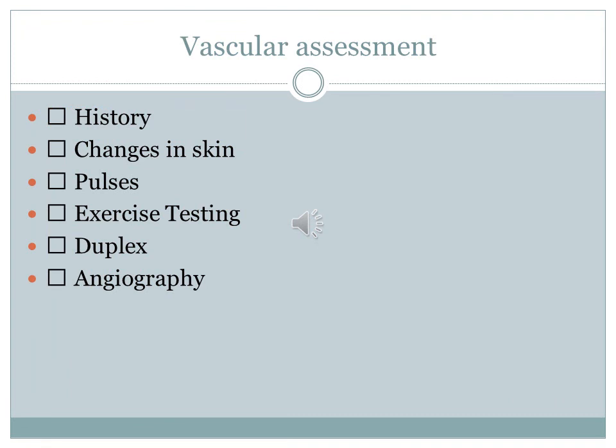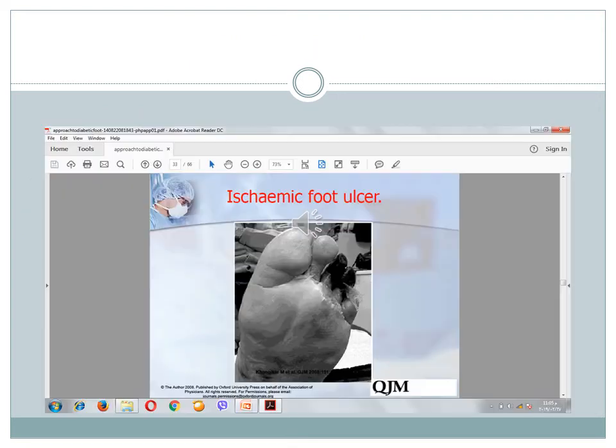It is important to assess the vascular system of the patient by history, changes in skin, pulses, exercise test, Doppler study, and angiography. This picture shows an ischemic foot ulcer, ischemic gangrene. The ulcer is at the end of the foot, blackish in color, non-infected, and we see that it is a dry gangrene because of vascular occlusion.